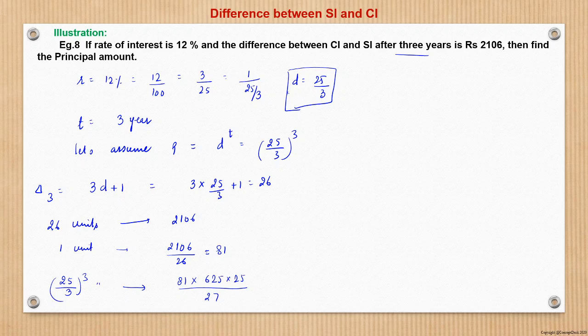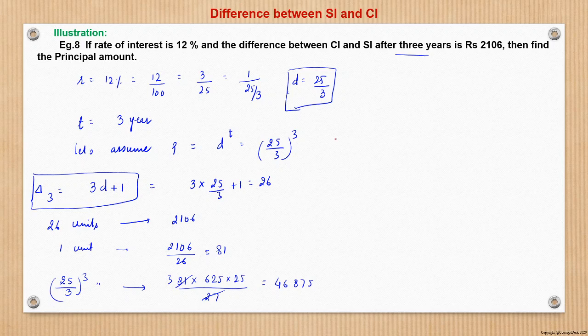So I calculate this: 27 by 3, then 625 into 75. This gives me 46875.